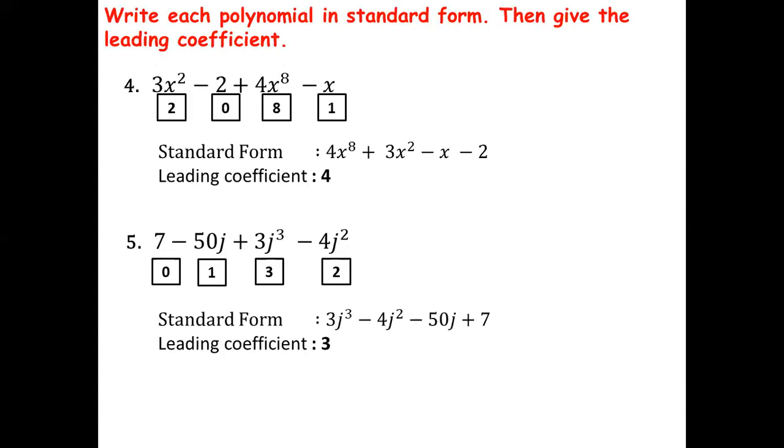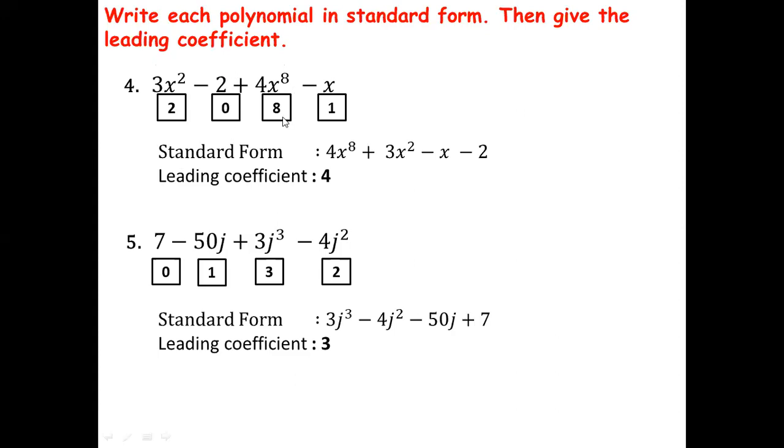Okay, now questions 4, 5, 6, they said write each polynomial in standard form, then give the leading coefficient. Now we know how to find the degree, right? So to write the polynomial in standard form, we have to find the degree of each term. So let's find it first. The degree for this is going to be 2. There is no degree for this as there is no variable.